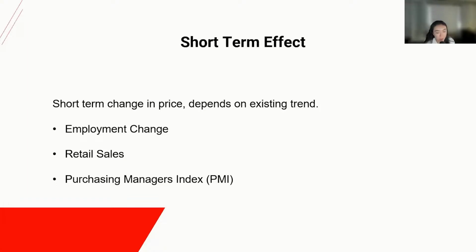Later at 9:30 p.m., there are retail sales for USD. So maybe later we can pay attention to it and see how the news is going to affect the market price. Employment change is a very key indicator of economic health and has a short-term effect on our trading.